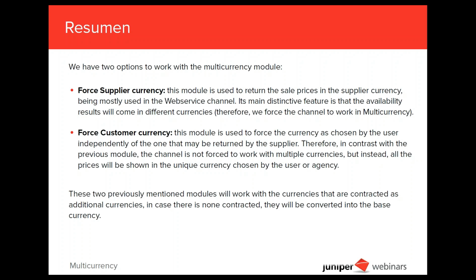Then, force customer currency. This module is used to force the currency as chosen by the user, independently of the one that might be returned by the supplier. Therefore, in contrast with the previous module, the channel is not forced to work with multiple currencies, but instead all the prices will be shown in the unique currency chosen by the user or agency.